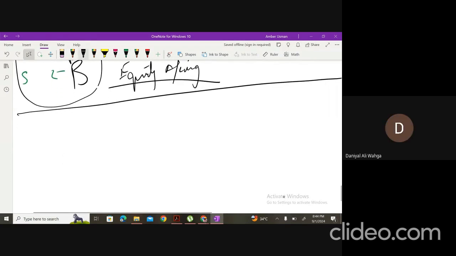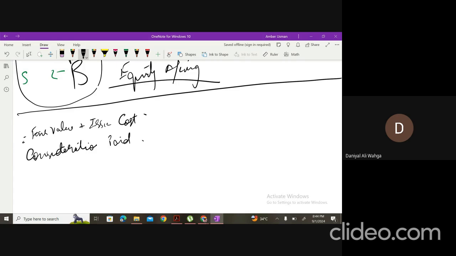What we are going to do is initially record our bond. It is initially recorded at fair value plus any issue cost. What does this line mean? It means it is measured at the consideration paid. So what is the amount of consideration which you have paid?